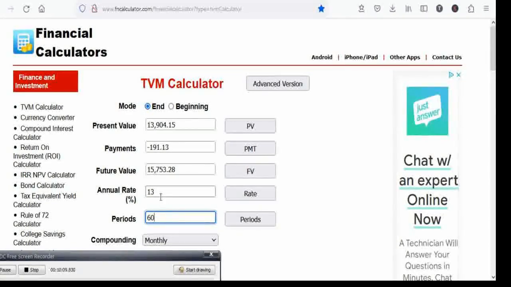Enter the desired yield, which we already have as 13%. Now we make the payment amount a positive number because we're not paying in, we're receiving payments. Let's hit PV. And the present value that we'll be paying to achieve a 13% yield with a balloon due in 5 years is $16,652.92. So that's what you're willing to pay for the note with a 5-year call.